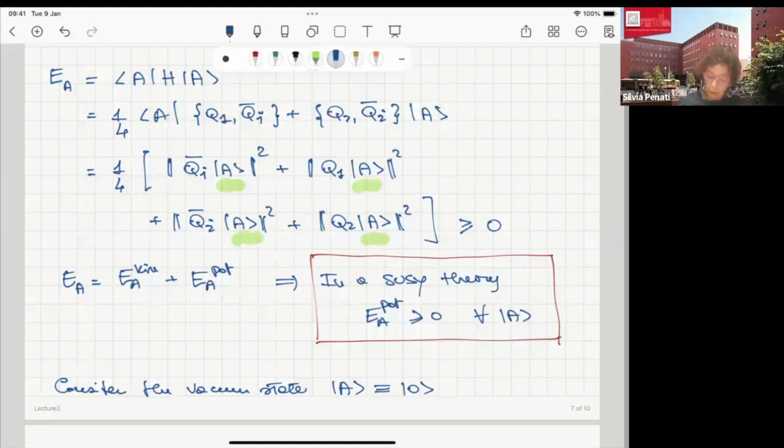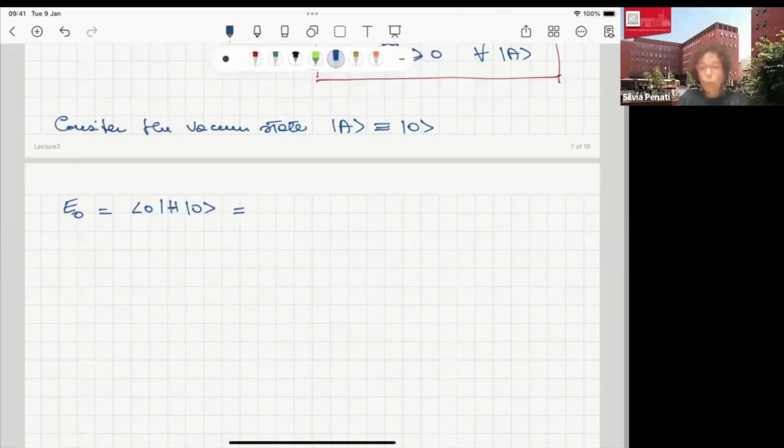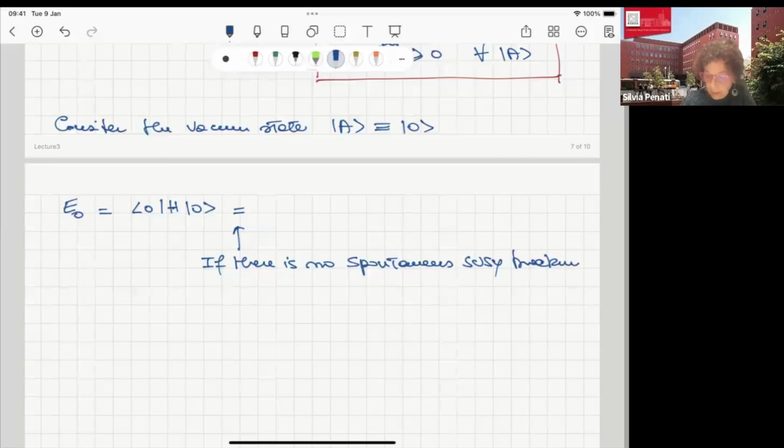And of course, what you can conclude is that if supersymmetry is preserved at quantum level, which means that there is no spontaneous supersymmetry breaking, which means that the vacuum is supersymmetric invariant, which means that the action of Q on the vacuum and Q bar on the vacuum has to be 0.